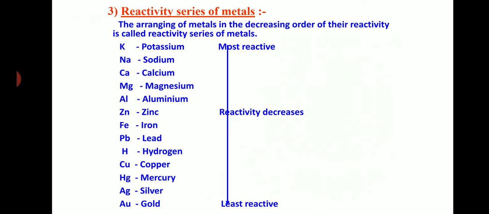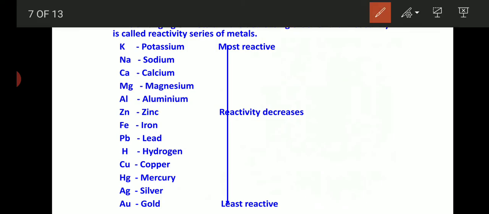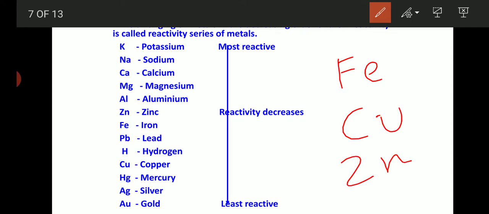So here the given metal salt solutions are iron sulfate, and then copper sulfate, and then zinc sulfate, and then silver nitrate. Okay, all these are metals in that salt solution.